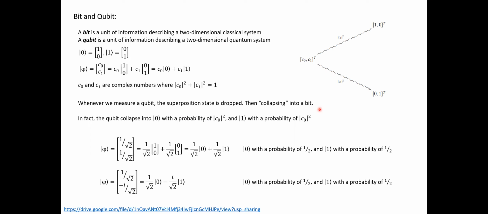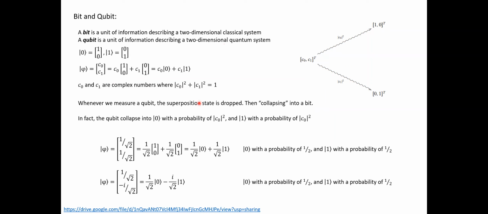So we were saying that in classical computing we have either 0 or 1, and in quantum computing, a qubit has both states happening at the same time, with this state also using complex numbers to define the amplitude. So at the end, when we try to measure a qubit, it will collapse into either 0 or 1.